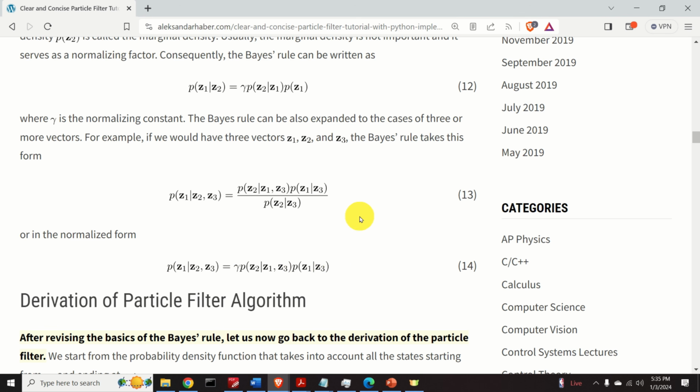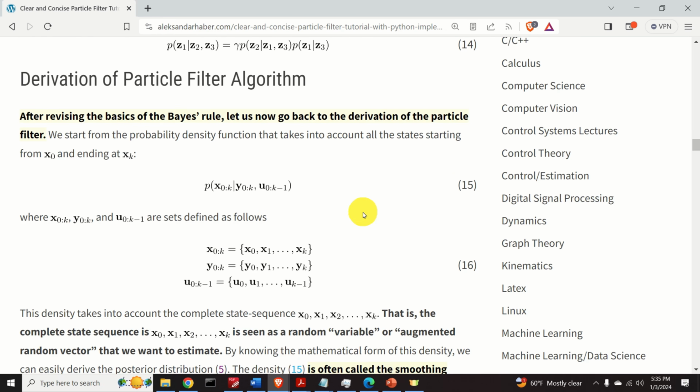Okay, after revising the basics of statistics and probability, let's continue with the derivation of the particle filter algorithm. We start from the probability density function that takes into account all the states starting from the initial state x0 and ending at the state xk. This probability density function is denoted like this, where x0 until k, y0 until k, and u0 until k-1 are sets defined over here.